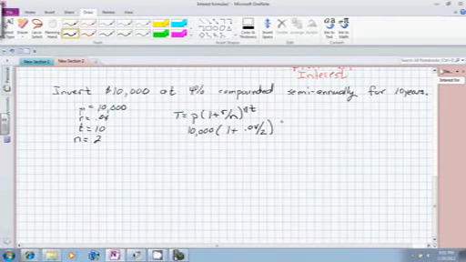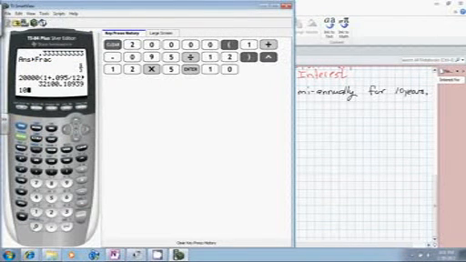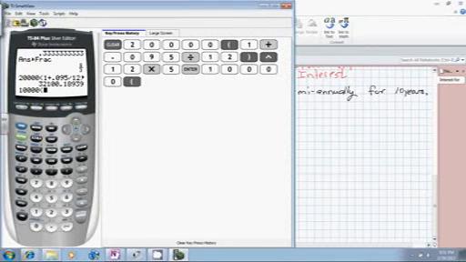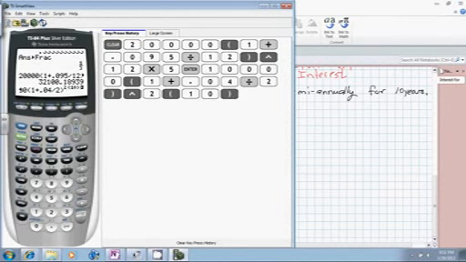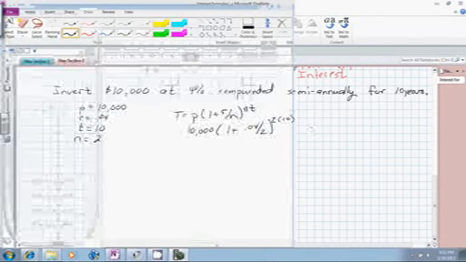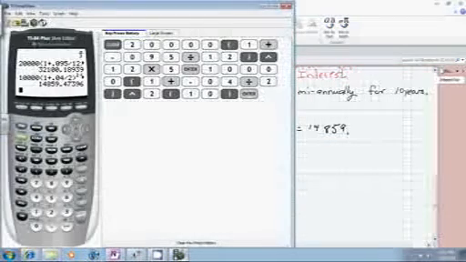That would be 2 times 10. 10,000 times 1 plus 0.04 divided by 2 raised to the 2 times 10. Gives me $14,859 and 37 cents.